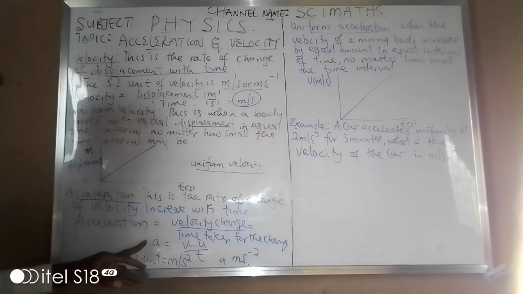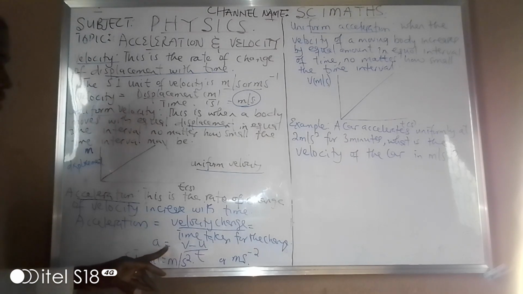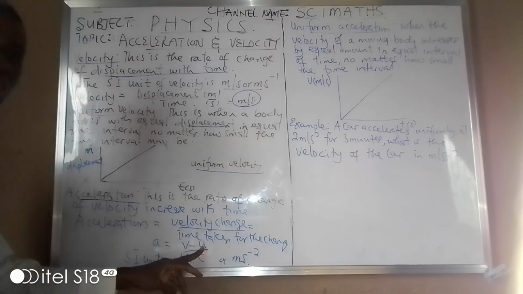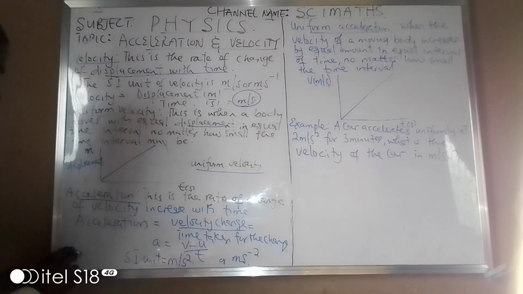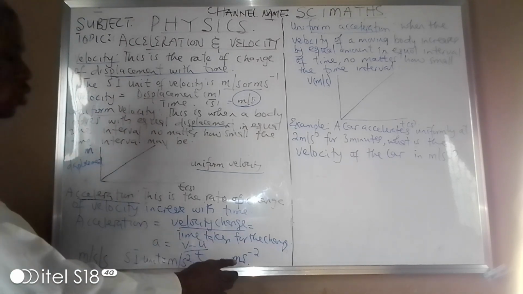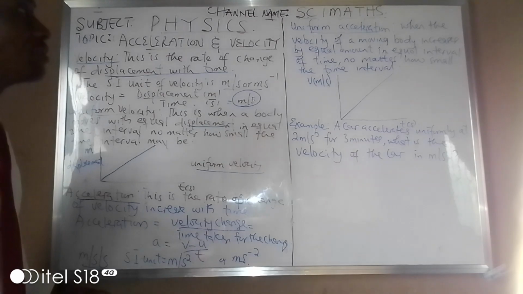That's why we wrote here a, acceleration, is equal to change in velocity, where v is the final velocity, u is your initial velocity, and t is the time taken for the duration. So you now have v minus u all over t. The SI unit of acceleration is meter per second square.